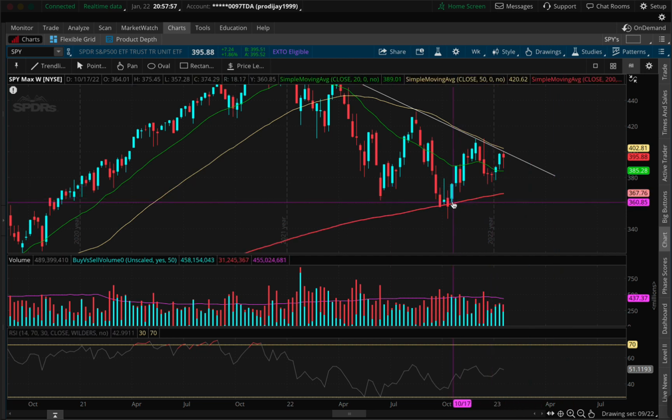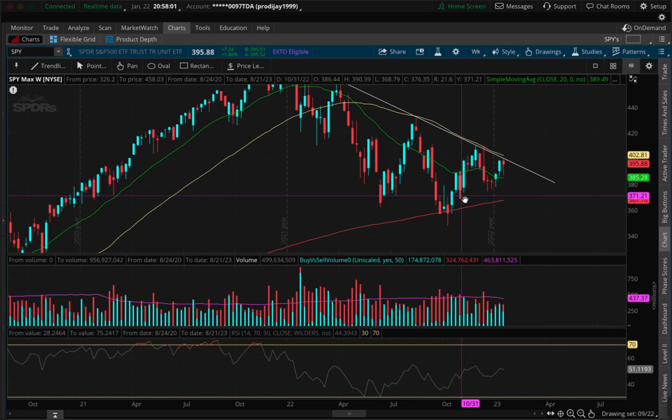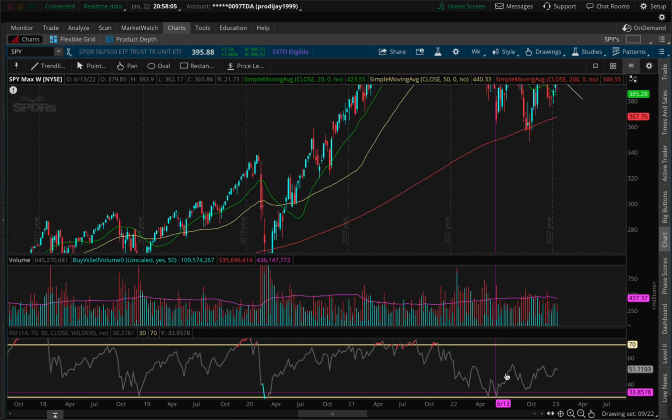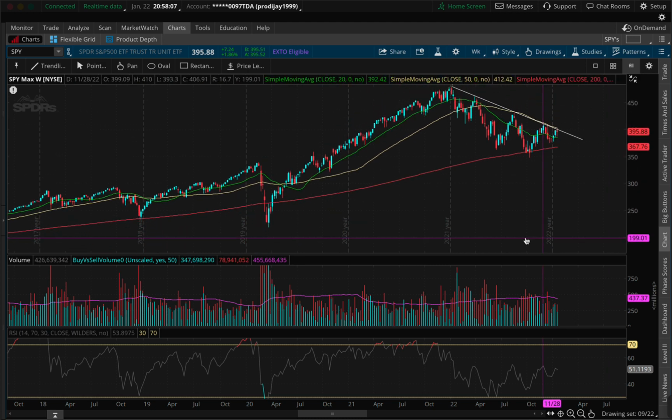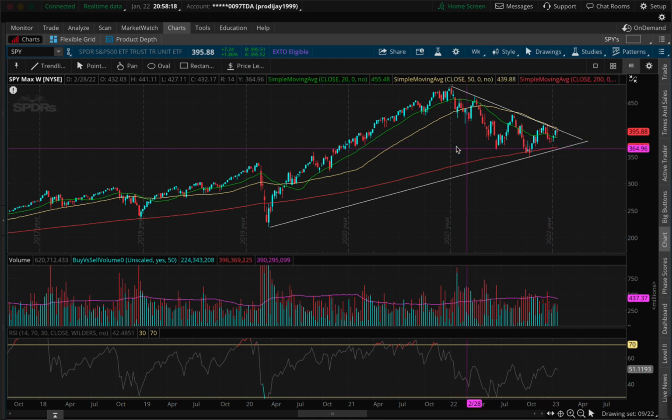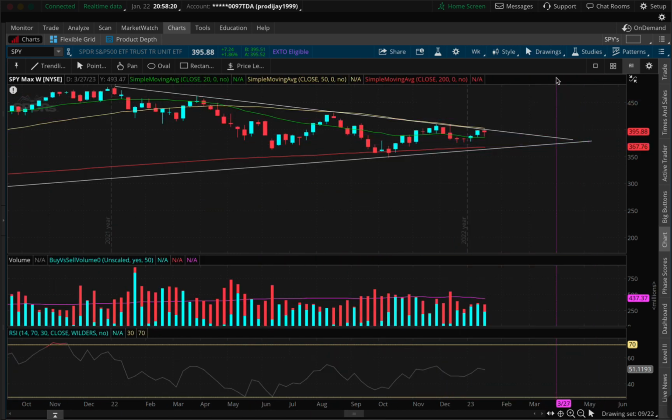We did try here in October of last year, but we didn't do it yet. I could even grab a trend line for the macro downtrend, but we're not going to do all that because that's not anywhere close to where we're currently at right now. So let's get into a lower time frame.